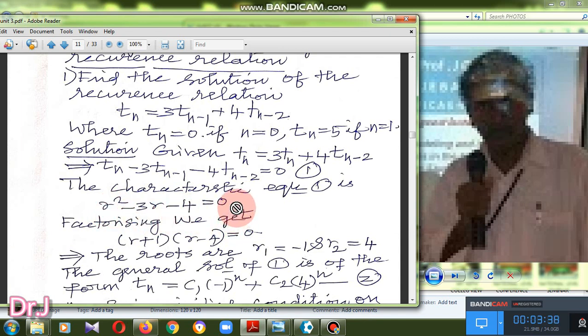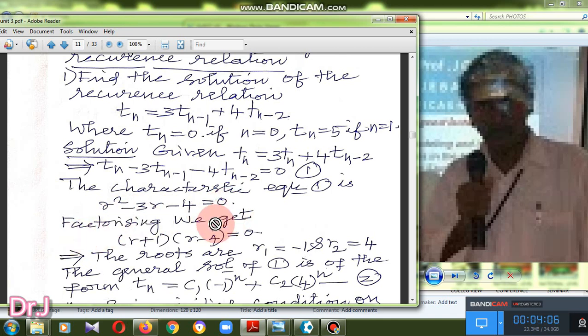Okay, right. Once we find the characteristic equation, we can get the characteristic roots by solving this. We know how to solve a quadratic equation like x squared minus 3x minus 4 equals 0. Like that, we are solving this equation: r squared minus 3r minus 4 equals 0.